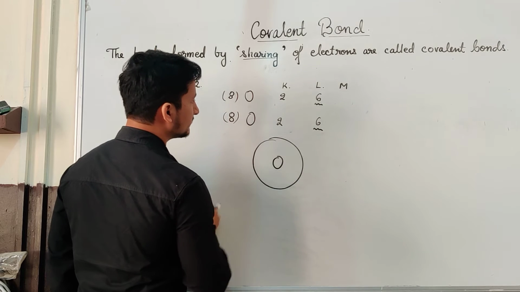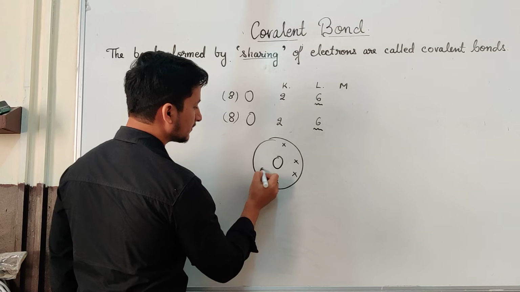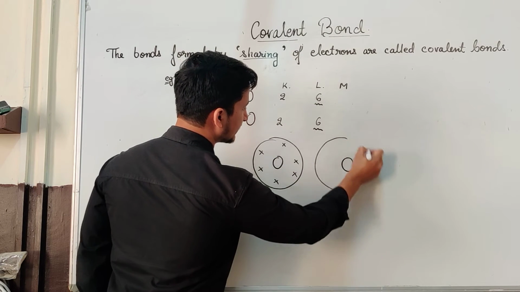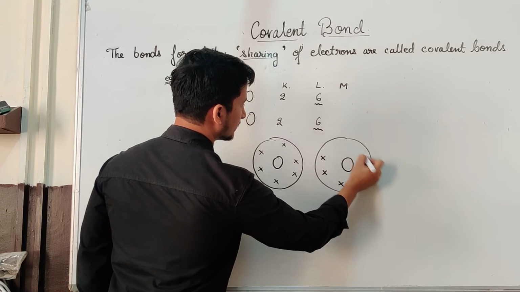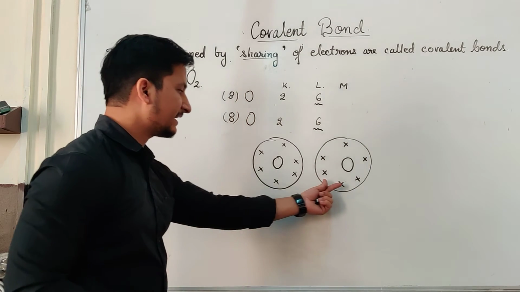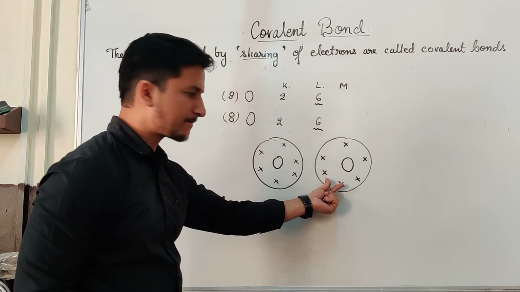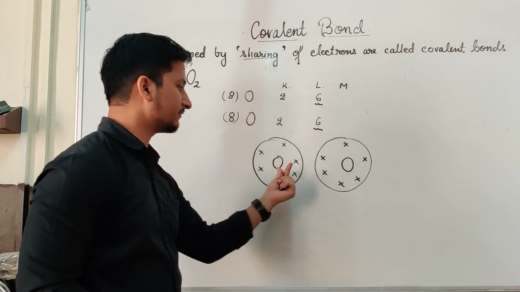The first oxygen atom has 6 valence electrons. The second oxygen atom also has 6 valence electrons. The second oxygen atom needs 2 electrons from the first one. Similarly, the first oxygen atom needs 2 electrons from the second one.